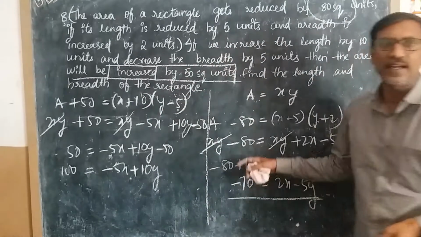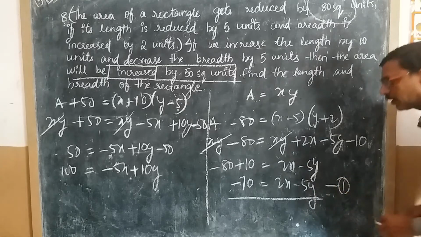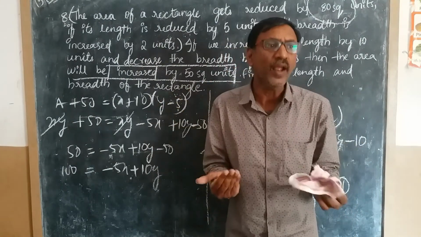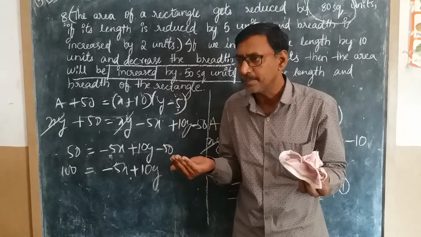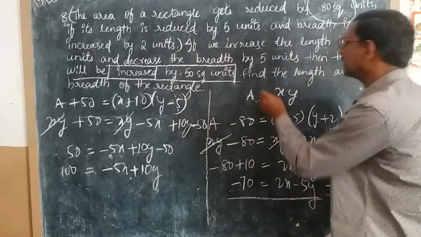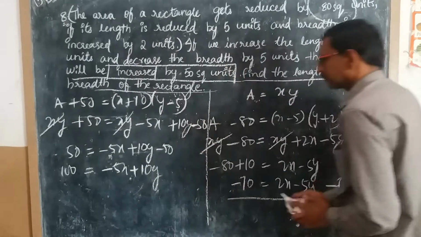This is my second linear equation. This is my first linear equation. By using these two, I will solve it to get the x and y, where x is the length and y is my breadth of the rectangle. Am I clear of that? So at last it is given, find the length and breadth of the rectangle.